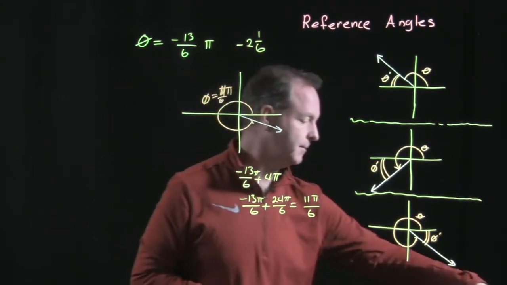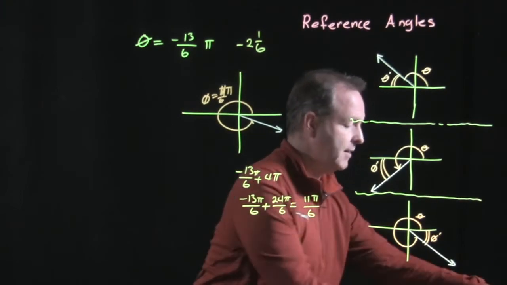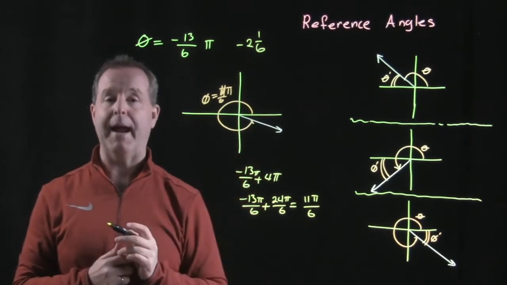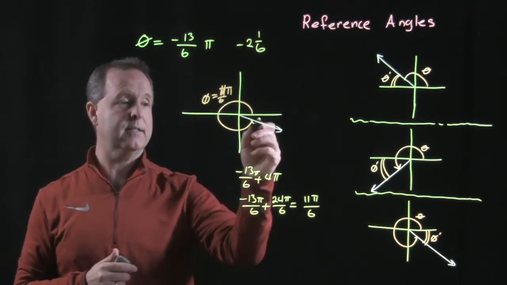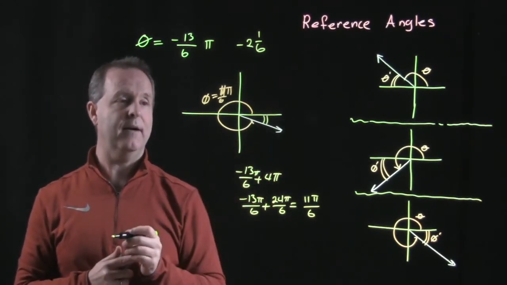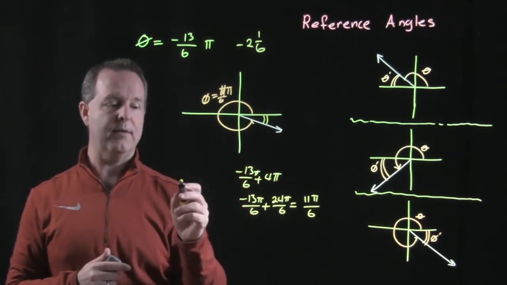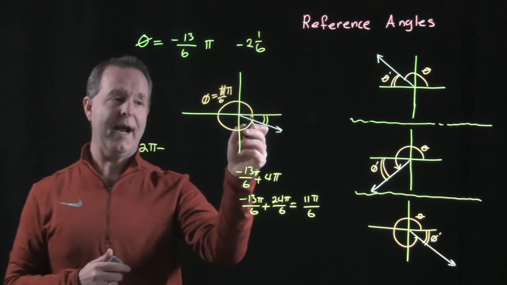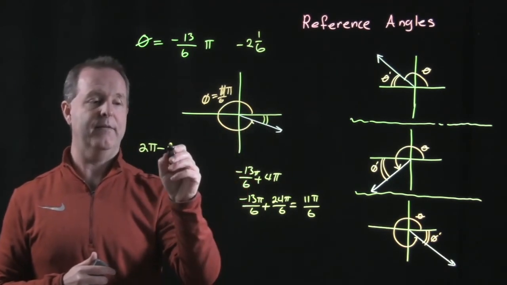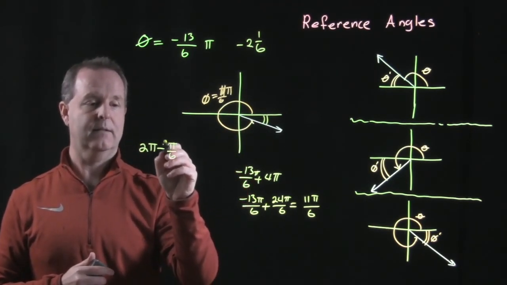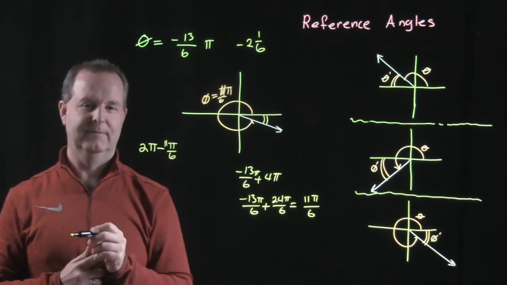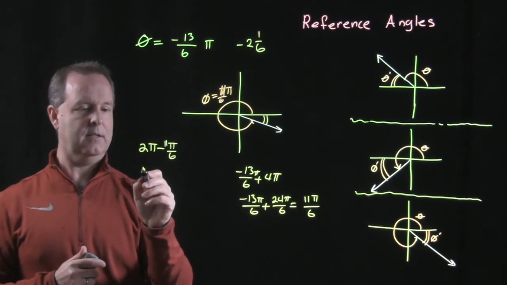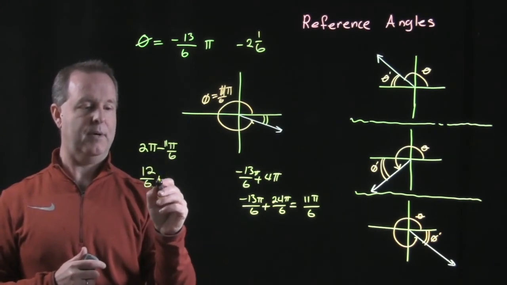How do we determine what its reference angle is? Reference angle is the remaining sweep to get it back to the closest x-axis. Well, if I know all the way around is 2 pi, and I want to subtract the initial sweep, which was 11/6 pi, what do we get? Well, 2 pi is the same thing as 12/6 pi.